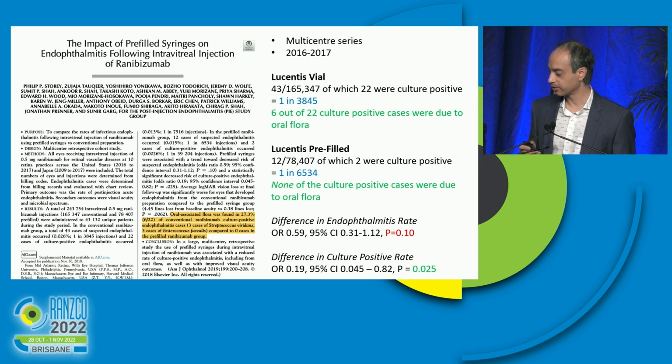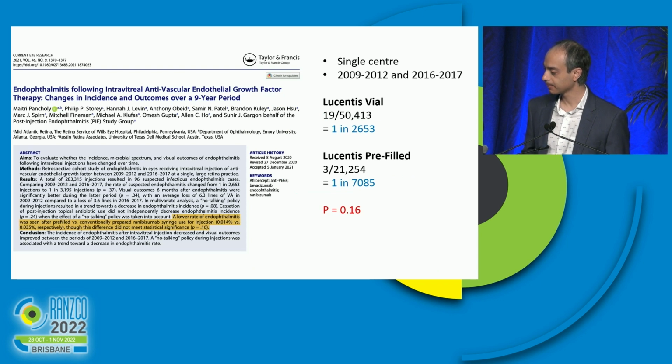The post-injection endophthalmitis study group showed a reduced risk with pre-filled syringes, didn't meet statistical significance, but their culture positive rate was statistically significant. And again, interestingly, in the group with the pre-filled, there were no cases of oral flora-related endophthalmitis. This series was 2016 to 2017, pre-pandemic.